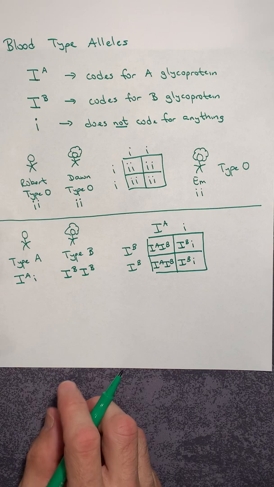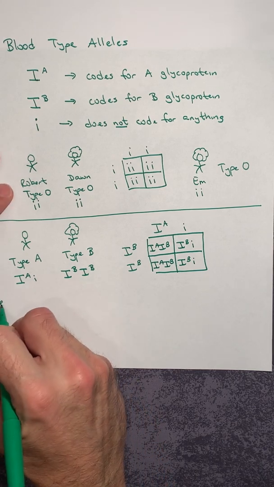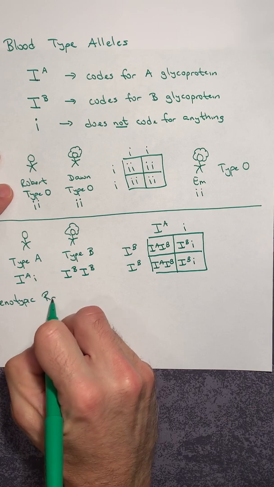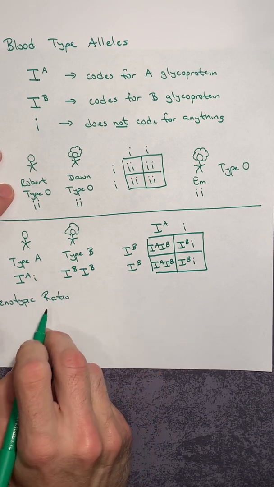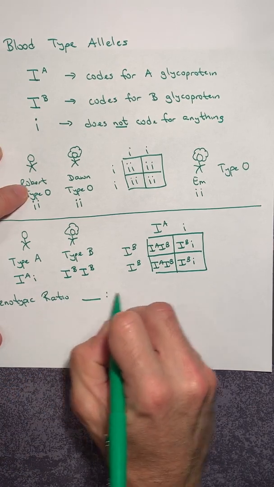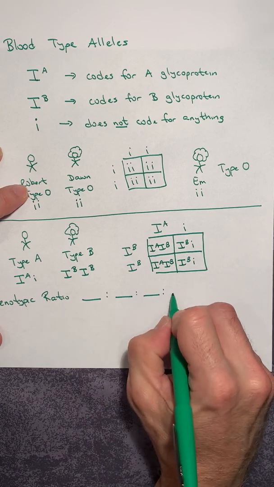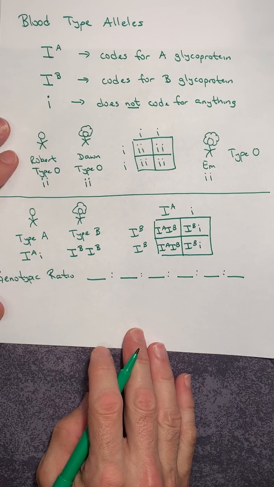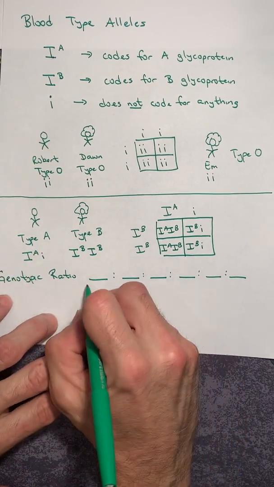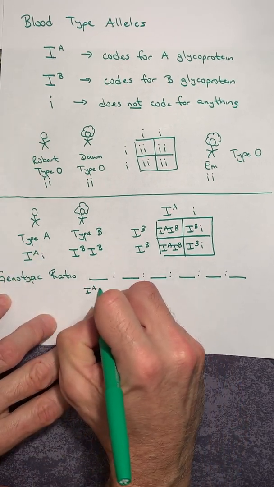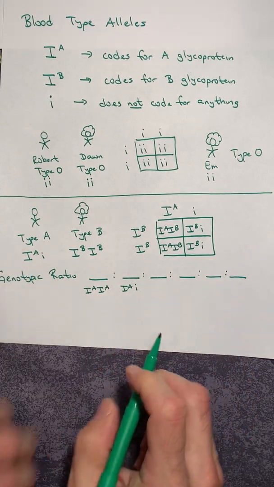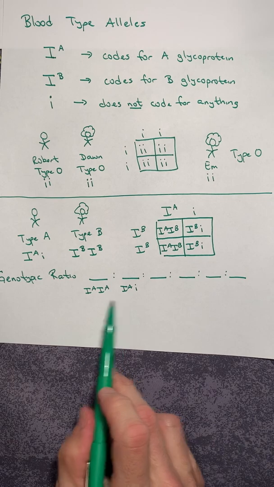Cool. Now the genotypic ratio, this is cool. Because there's 6 different choices. 2, 3, 4, 5, 6. Okay? What are we looking at here? We're looking at IA, little i. So your A grouping comes first.